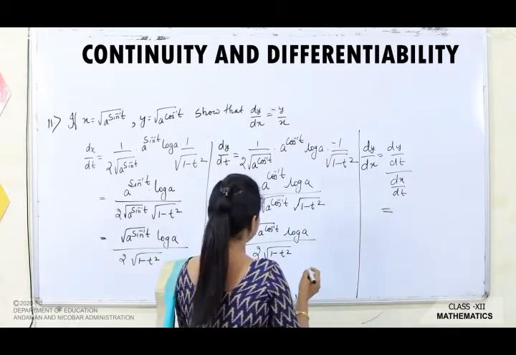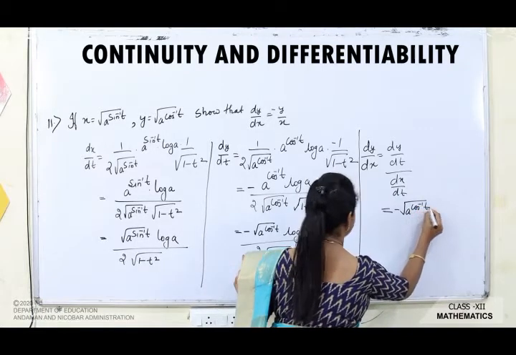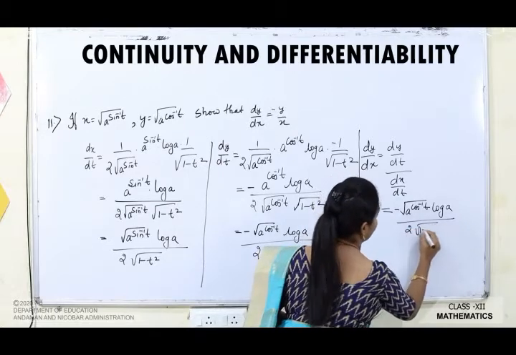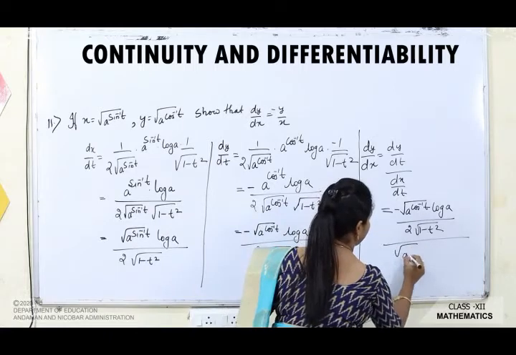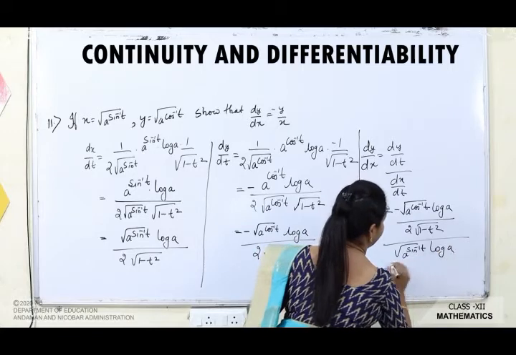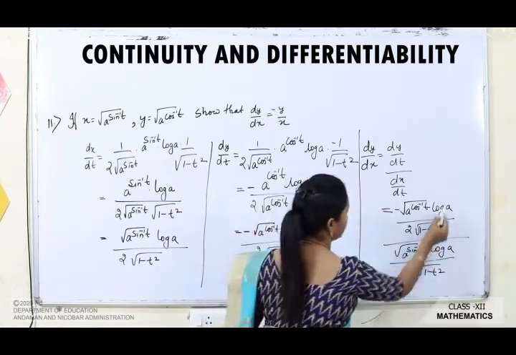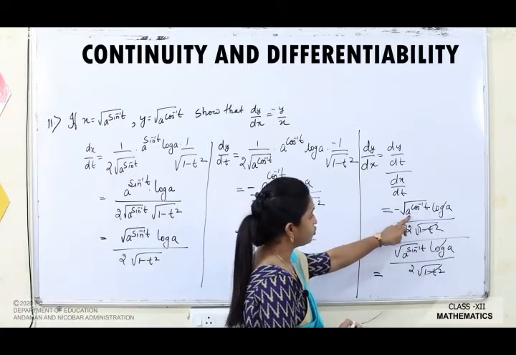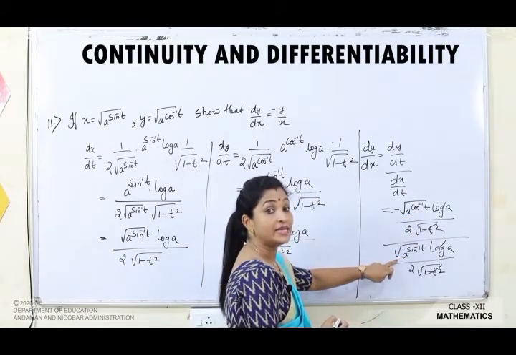So, dy by dt is minus root over a to the power cos inverse t log a by 2 root 1 minus t square, the whole divided by root over a to the power sin inverse t log a by 2 root 1 minus t square. So, here you will observe that everything cancels out and you are finally left with minus root over a to the power cos inverse t by root over a to the power sin inverse t.